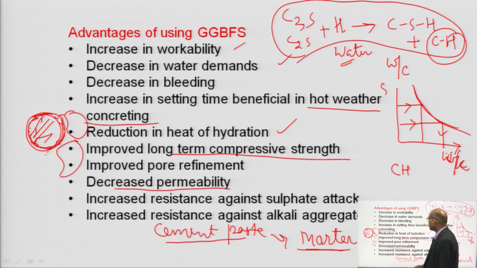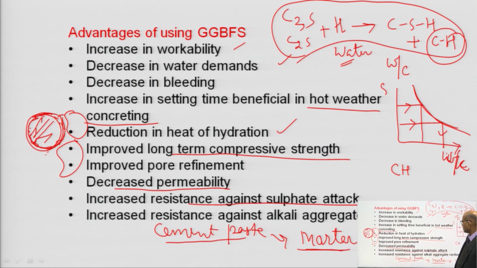If you are using this ground granulated blast furnace slag, then you will find that the permeability of that concrete is much less with respect to normal concrete. Since permeability is less, there is an increased resistance against sulphate attack.